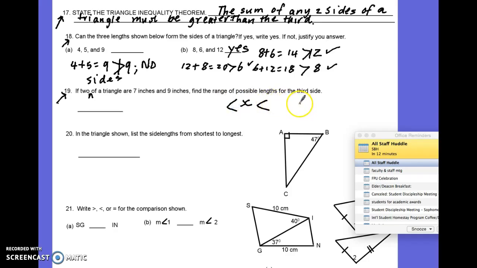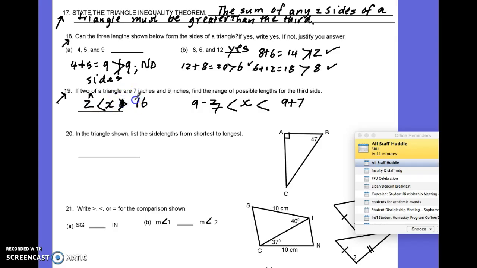The upper limit we get by adding, and the lower we get by subtracting. So the third side length would have to be less than 9 plus 7, 16, and greater than 9 minus 7, which is 2. So it could be anywhere in here. It could be 3, it could be 5.